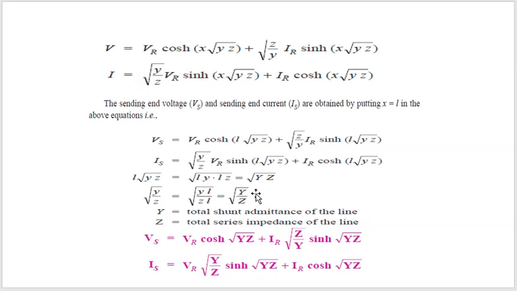And when we replace these two values in the Vs and Is equations, we get these resultant equations, where Vs is equal to the receiving end voltage Vr into cosh(√(YZ)) plus Ir √(Z/Y) sinh(√(YZ)), and the sending end current will be Vr into √(Y/Z) sinh(√(YZ)) plus Ir cosh(√(YZ)).